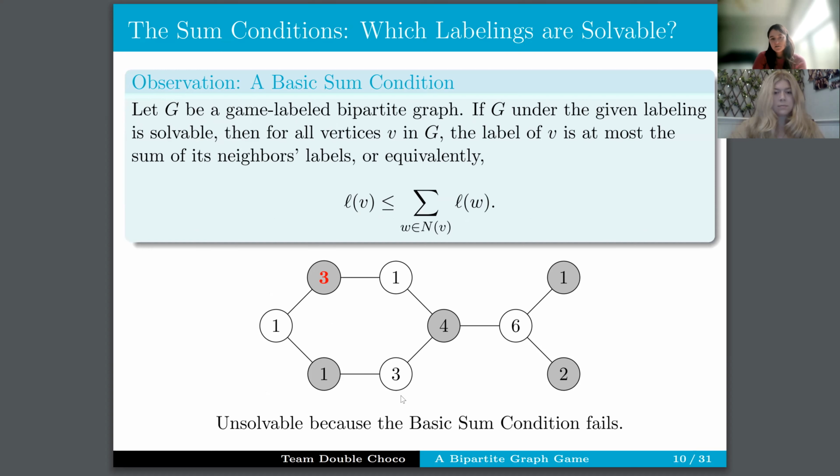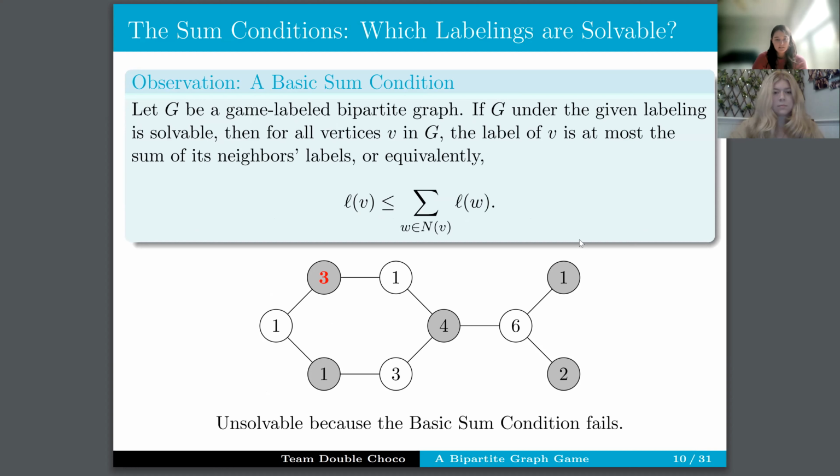So when examining which labelings were solvable, we also came across the idea of a basic sum condition. Let G be a game labeled bipartite graph. If G under the given labeling is solvable, then for all vertices V in G, the label of V is at most the sum of its neighbors' labels.